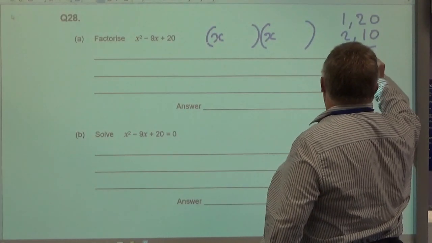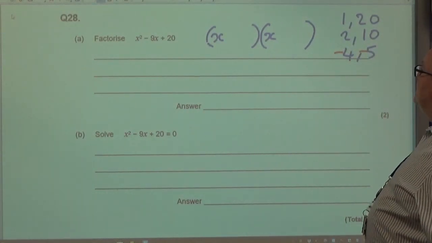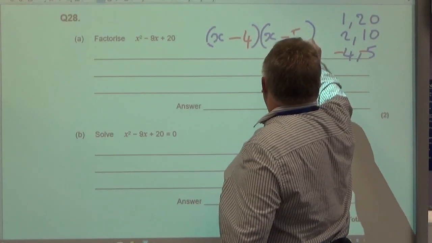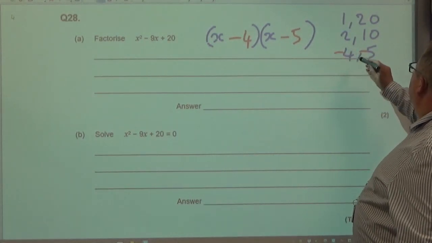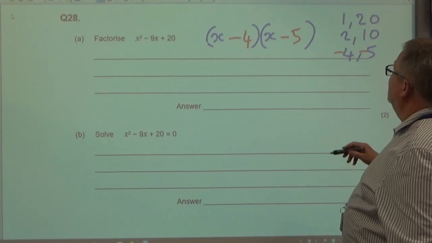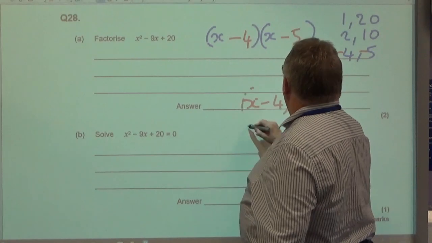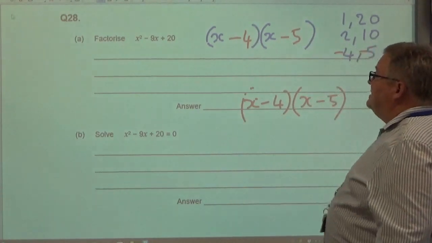So I'm looking at that straight away, and I'm going to put those in there. Negative 4 plus negative 5 would give us negative 9. So that is our correct answer there. Lovely. And this is right at the end of the paper, and it's doable.